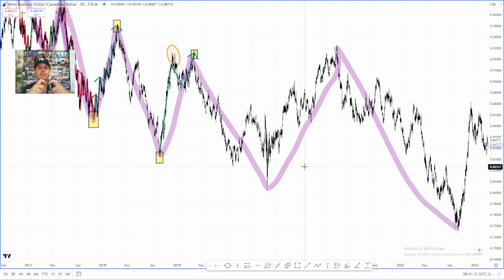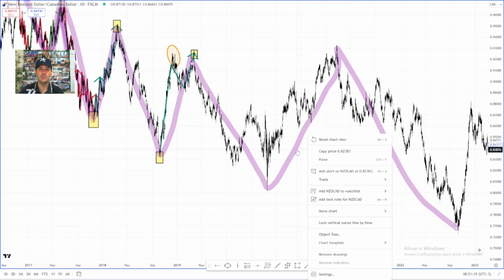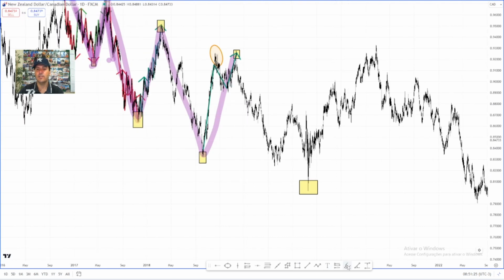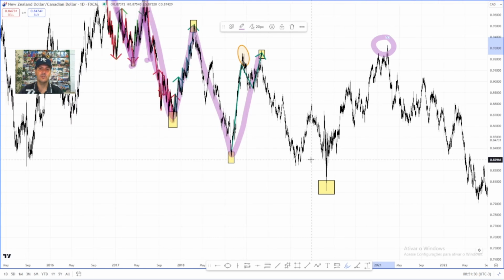Fair enough, the higher time frame controls the smaller time frame. Yes sir, yes ma'am. But on the daily chart, this was the relevant low. Now I cannot say that this is no retracement.